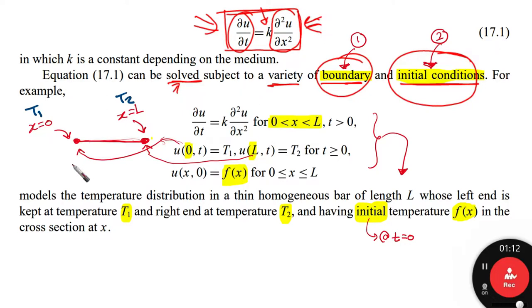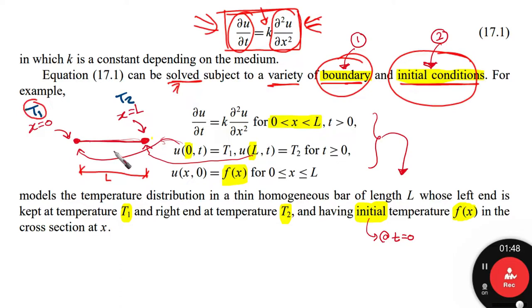Okay, so let's start with the first type of boundary condition. Let's assume that we have a bar, and we want to model the temperature distribution along this bar. It's a thin homogeneous bar of length L whose left end, at x equal to 0, is kept at temperature T1.